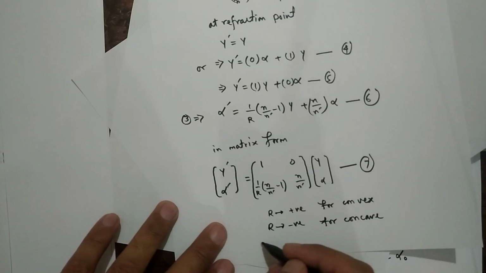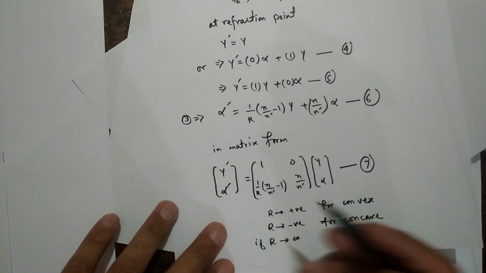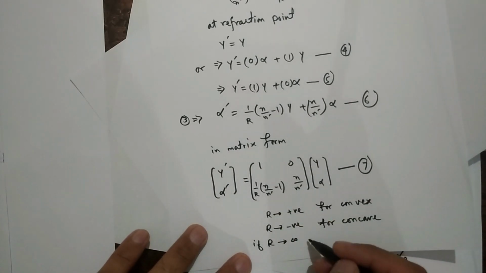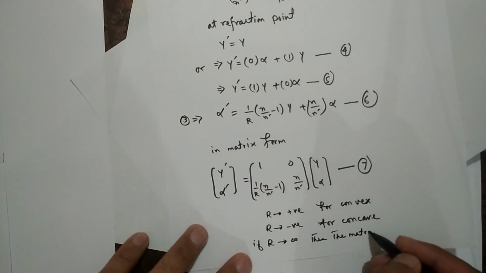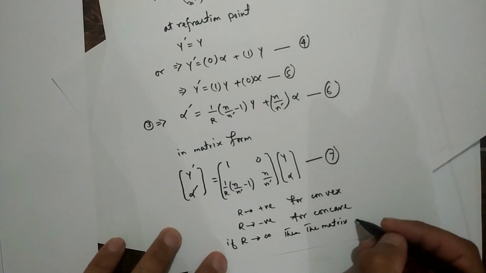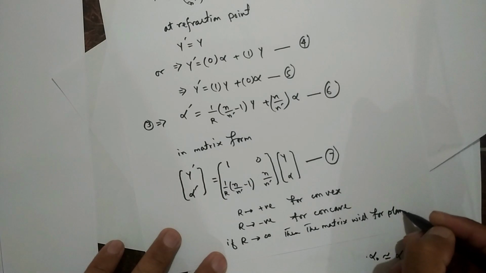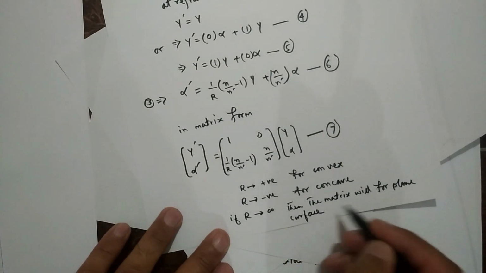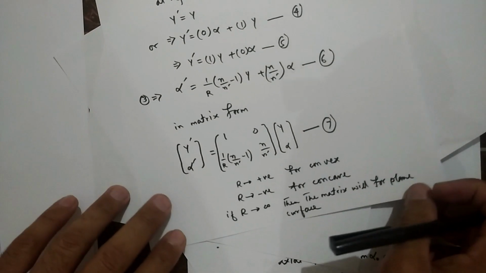And if r tends to infinity, then the matrix will be for a plane surface, the refraction due to a plane surface.